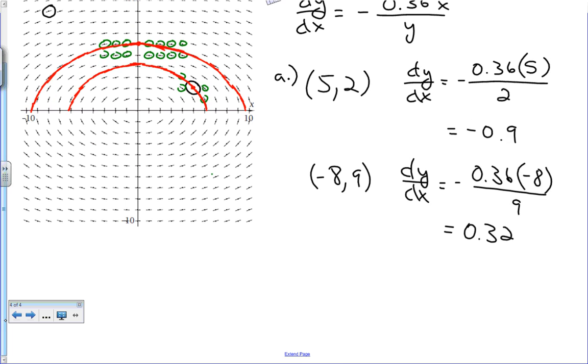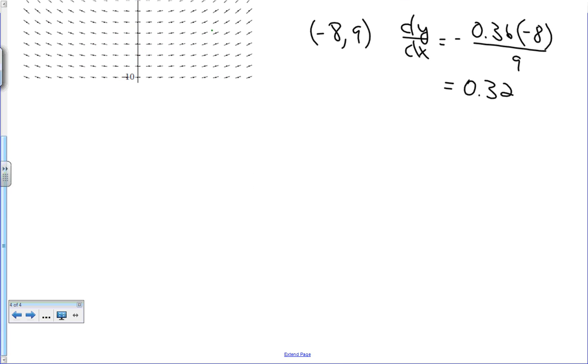This goes back to what you did in sections 7.2 and 7.3, the previous two sections, of coming up with an algebraic solution to this. So we have dy/dx equals -0.36x divided by y. The only method that we know to solve a differential equation algebraically is separation of variables. So that tells me I need to take the dx, and that has to slide over to the right.